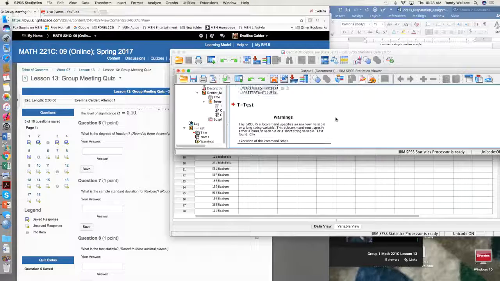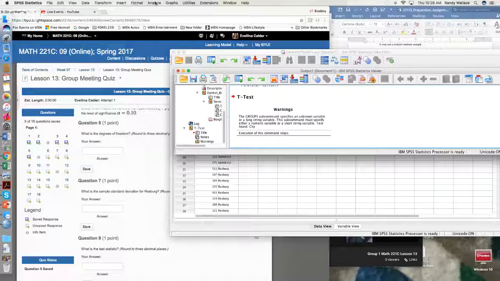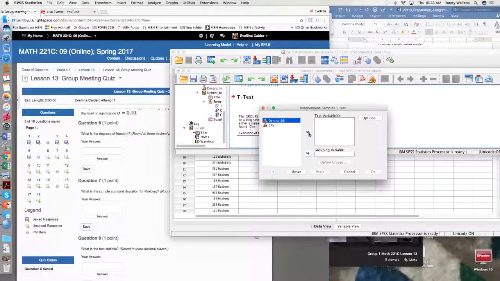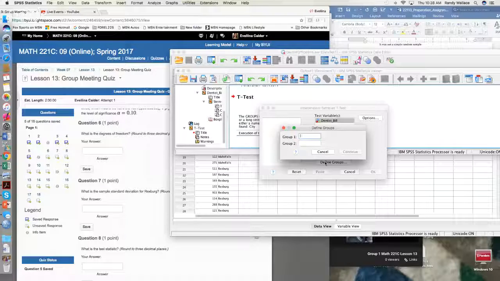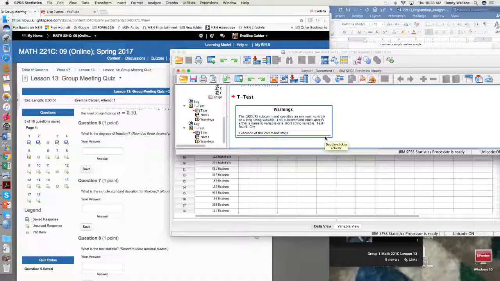So it's not letting us use that. Try this. Group subcommand specifies an unknown variable for a long string variable.